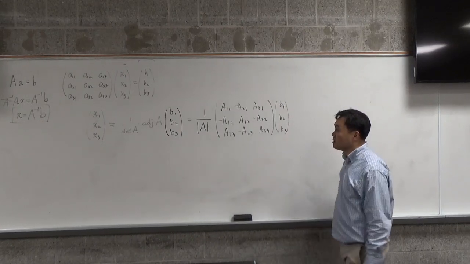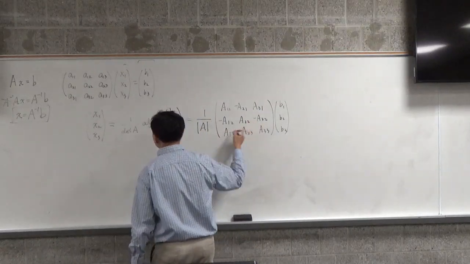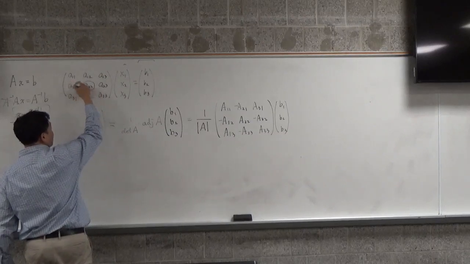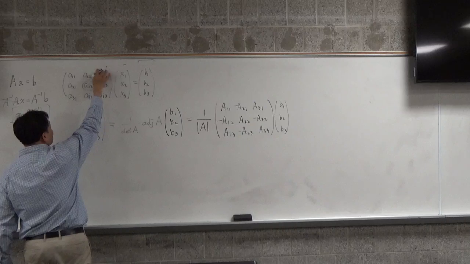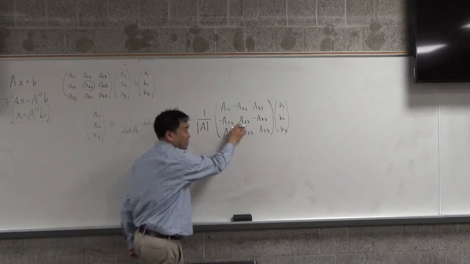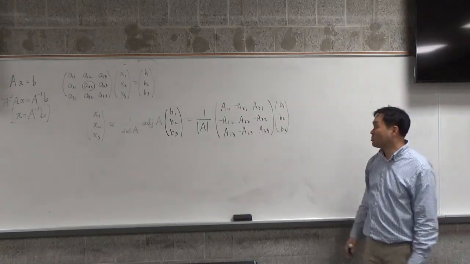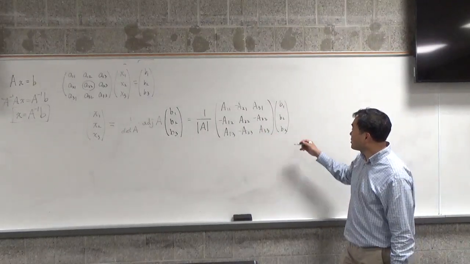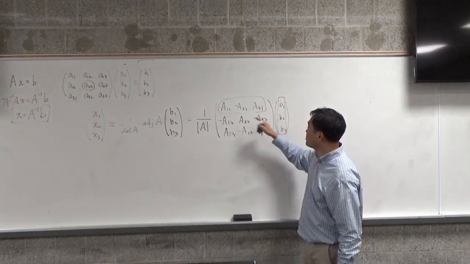Okay. And then I explained what, say, A22 means, right? You take A22 and then delete the column and the row containing that, and you get a small matrix. The determinant of that small matrix is what we call capital A22, right? So that's the minor of the matrix. So that's your adjugate. And now look at what's happening. This is this times that. That gives you x1.